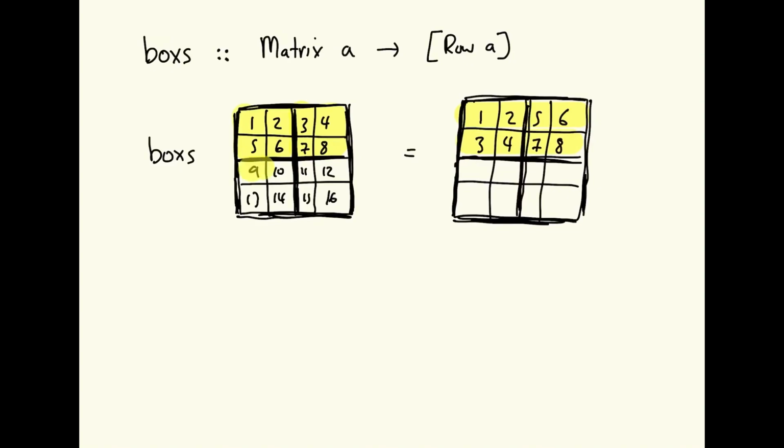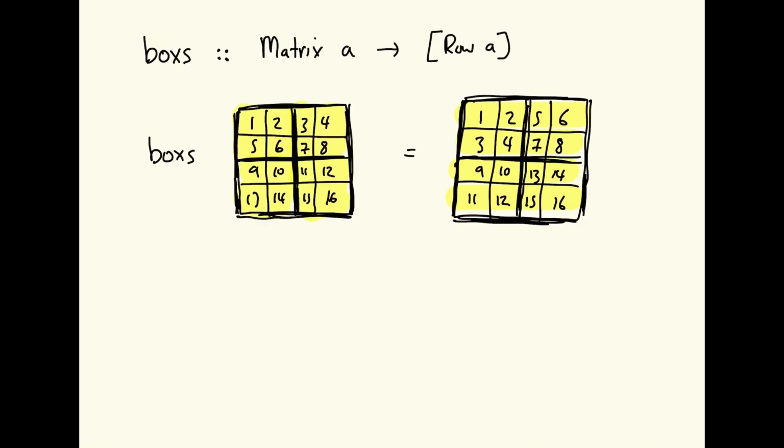And then similarly, we get 9, 10, 13, and 14. That will become this row. And then we get the last one. Oops, in the wrong order, but you see what I'm doing. We get 11, 12, 15, and 16.